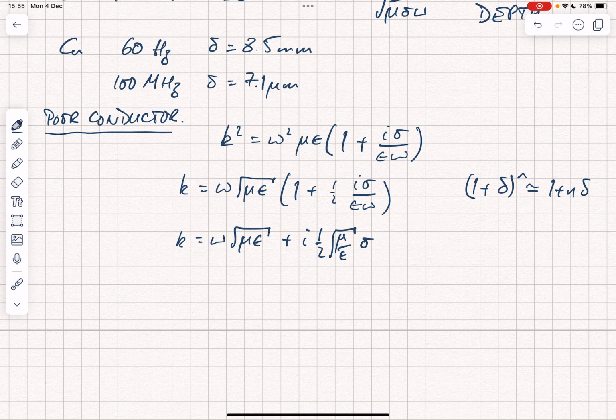And that final term, notice, is now frequency independent, and it will provide a small attenuation, though as sigma is small, it will not be particularly significant. And the main part of the behaviour is given by the standard linear relationship between the wave vector and the angular frequency, and of course square root of mu epsilon is 1 over c.